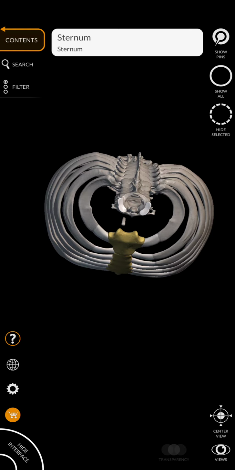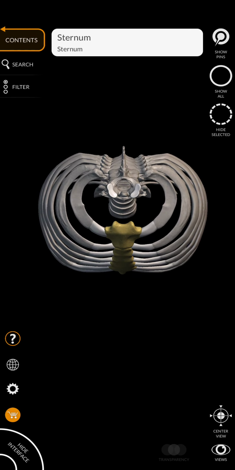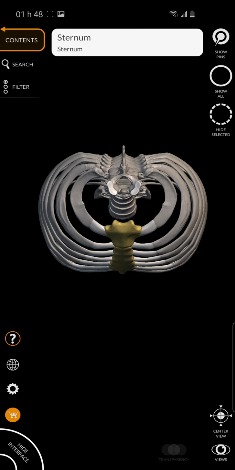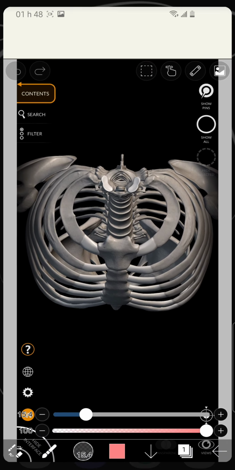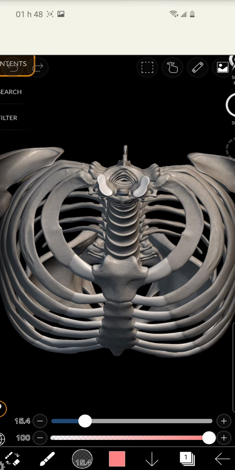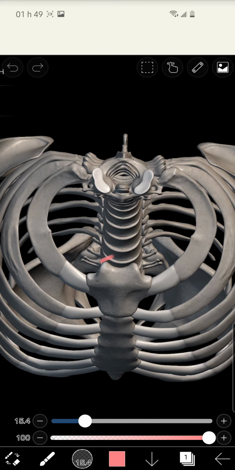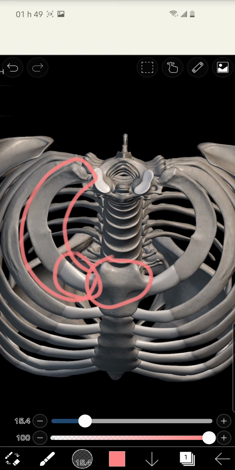For the small aperture, I'm gonna go over the borders of this aperture. Here on the front we have the sternum, and then we have the first rib with the first costal cartilage.